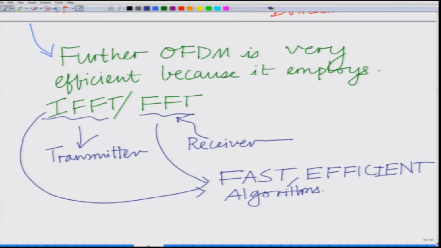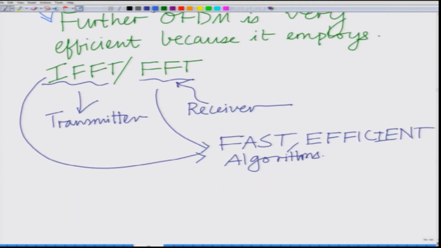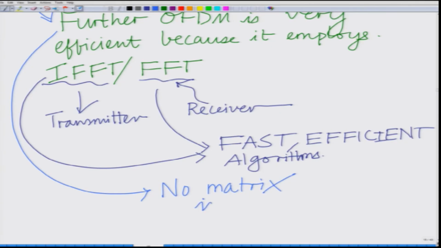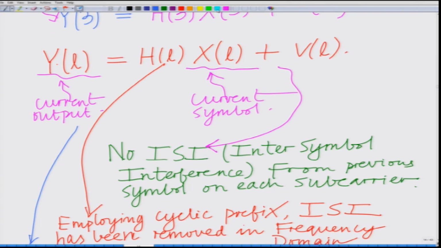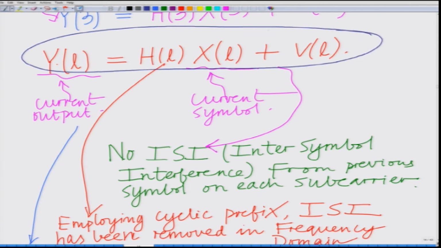And note that there is no matrix inversion, which adds to the complexity. There is no matrix inversion in OFDM.